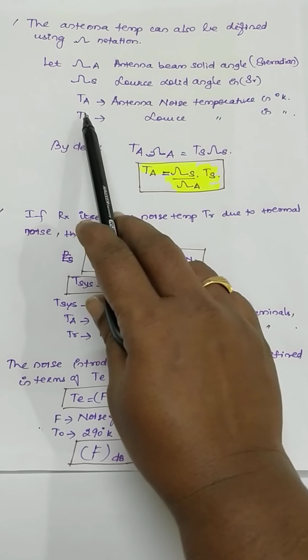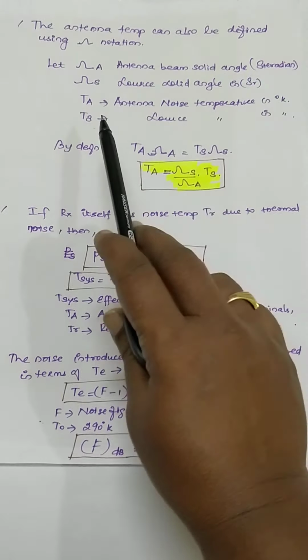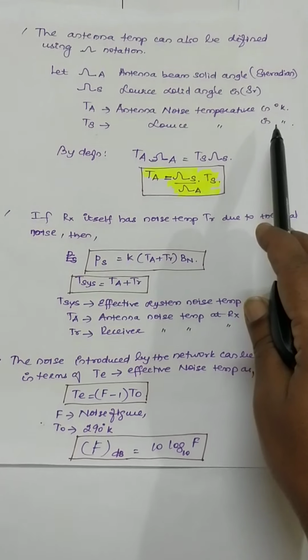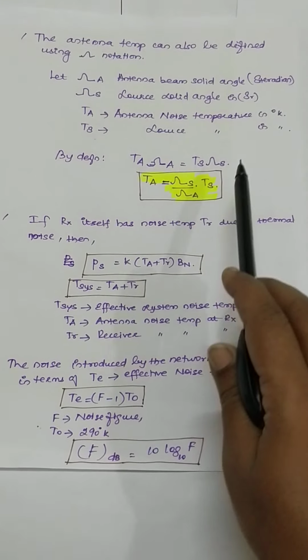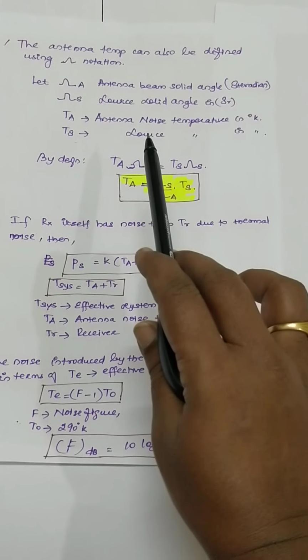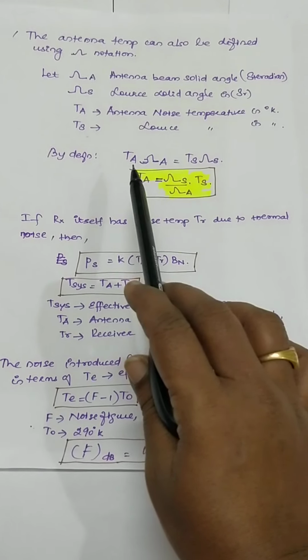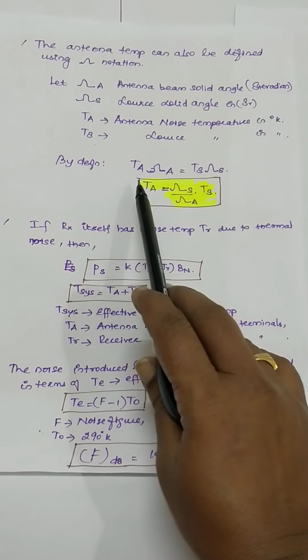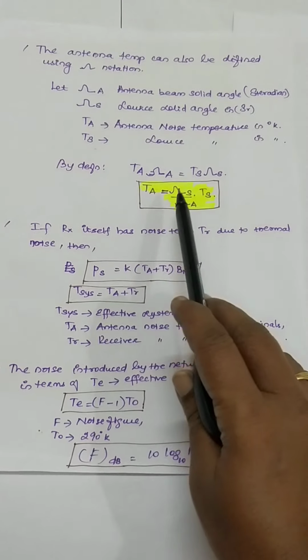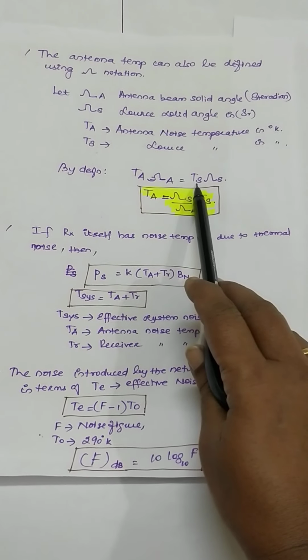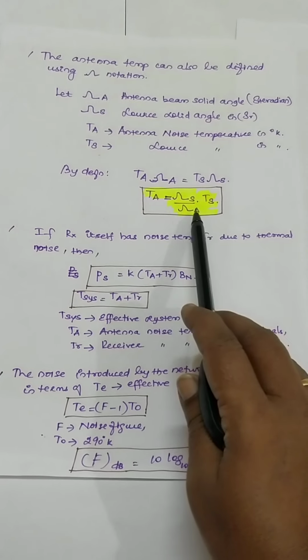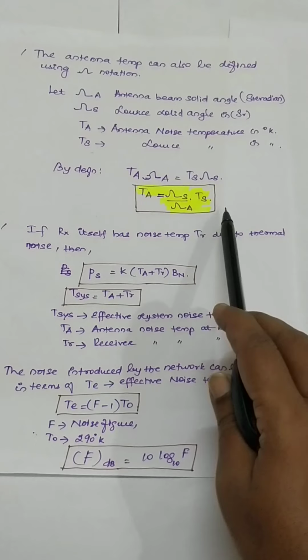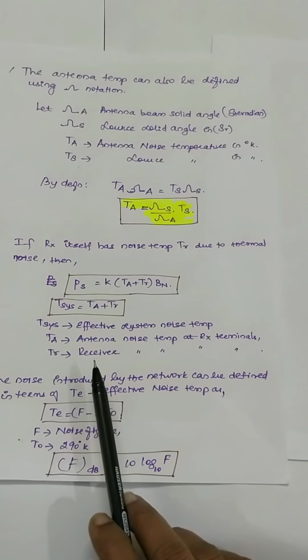Let me assume TA to be the antenna noise temperature and Ts to be the source temperature, all in degree Kelvin. By definition of this antenna, I write Ta omega A equal to Ts omega S. Therefore, Ta, the antenna temperature, can be defined by Ts into omega S divided by omega A. So this is another way of writing the antenna temperature.